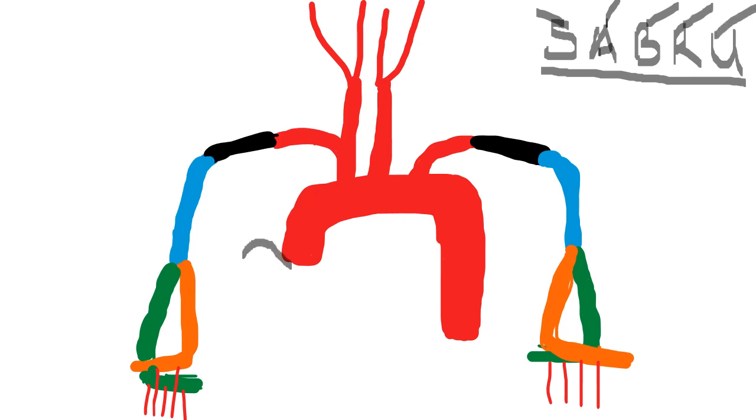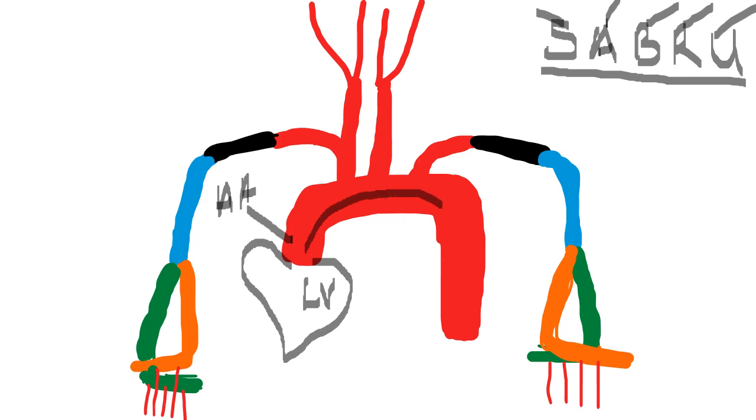So let's say you have your heart right here, and from your heart you have the left ventricle, and from the left ventricle the ascending aorta arises, which will form the aortic arch and the descending aorta. From the aortic arch you have 3 main branches: the brachiocephalic trunk, the left common carotid artery, and the left subclavian artery.